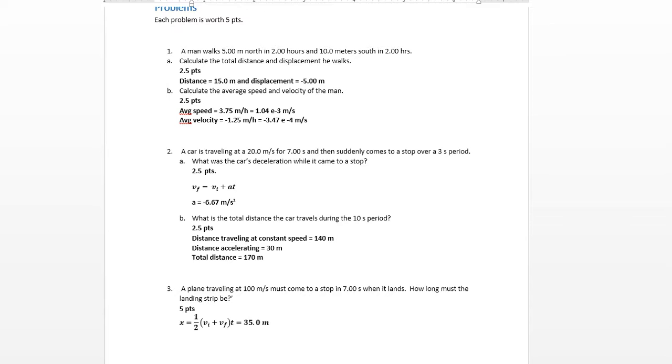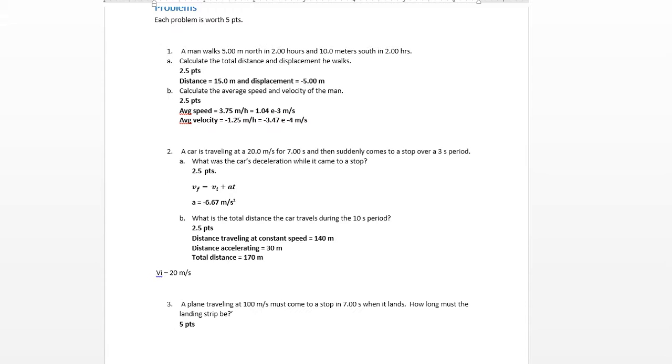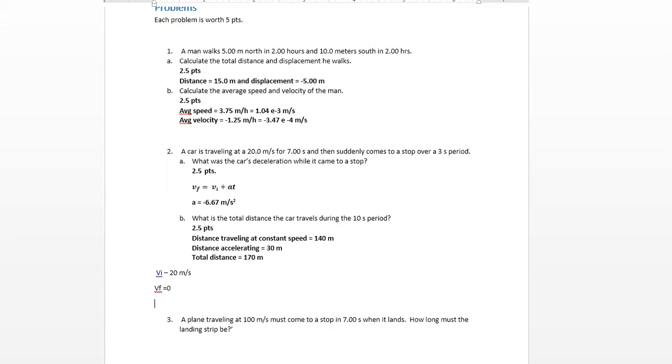Okay, so we know that the distance that it traveled at constant speed was 140 meters. The distance that it travels accelerating is going to be found with a kinematics equation as well. So what do I know? Well, I know that it starts with a VI of 20 meters per second, and it comes to a stop, so its VF is 0.